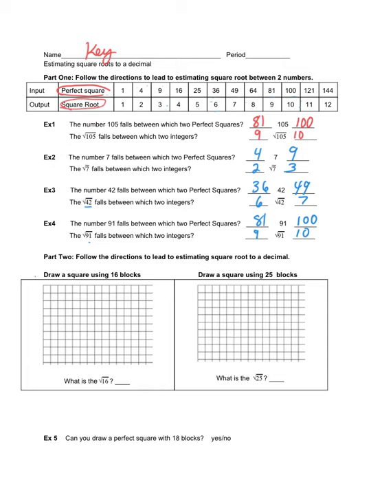Okay, so draw a square using 16 blocks. So that's a 4. Now remember, a square means that each side is the same. All 4 sides have the same measure. This gives me 16 blocks, and the square root is 4, because 4 times 4 is 16.